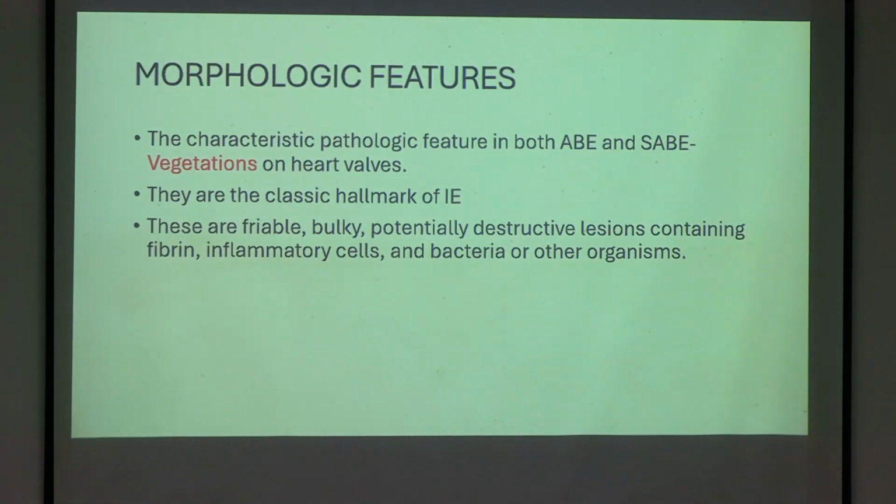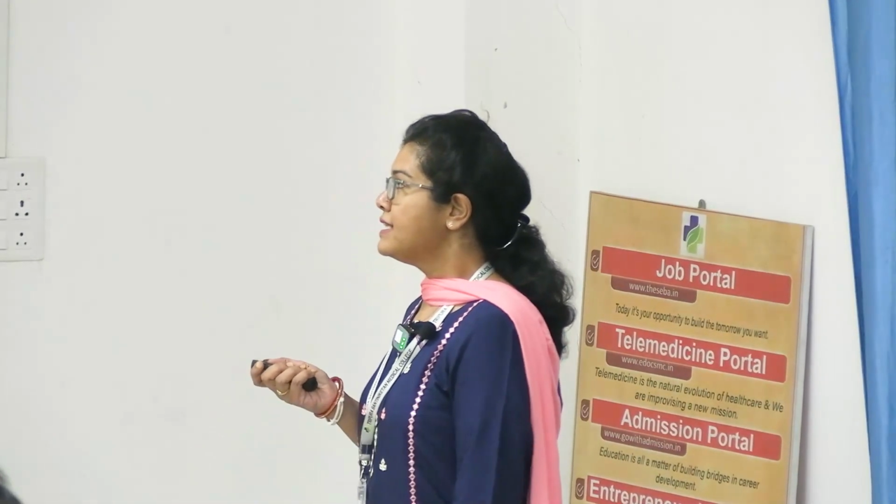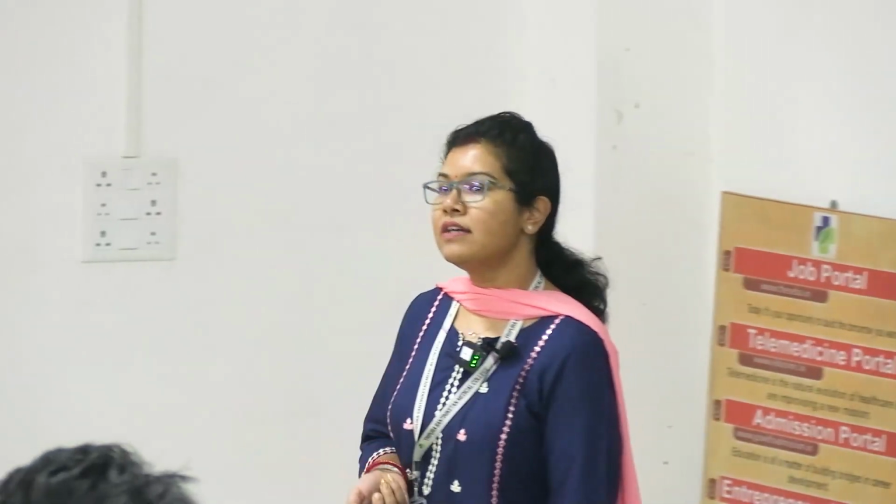So what are the morphological features? As I already told, whether it is acute or subacute, the main thing you can get in infective endocarditis is vegetations, okay. What are these vegetations? They are the classical hallmark of infective endocarditis. They are friable. What I have told once in class, what is friable?